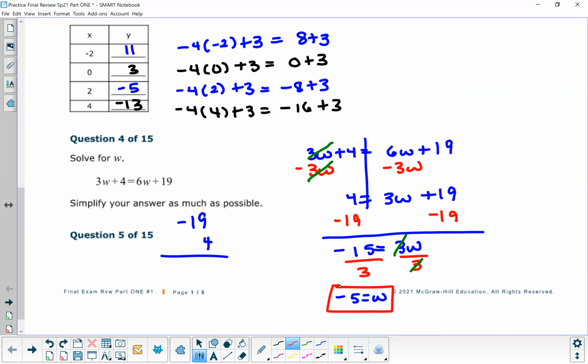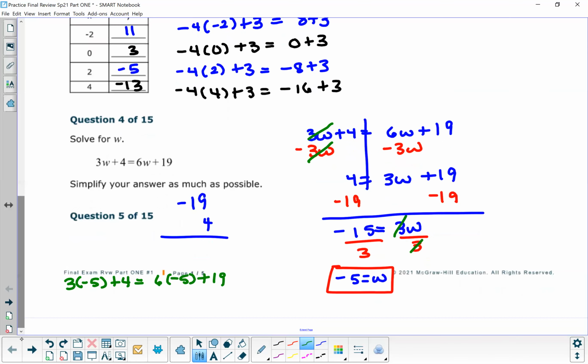All right, and it's probably a good idea to check your answer here to make sure -5 is a solution. So we have 3 times -5 plus 4. Is that equal to 6 times -5 plus 19? Well, let's see. 3 times -5 is -15 plus 4.